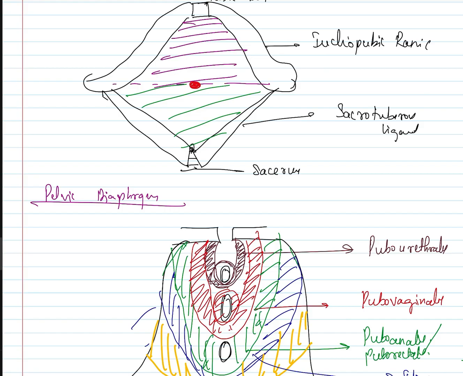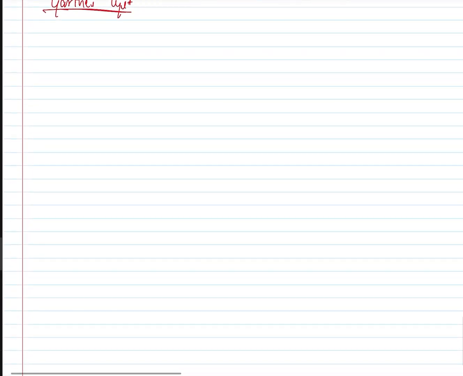This perineal body has attachment of certain muscles which supports your rectum or anus, and also prevents prolapse. So what are the muscles attached to your perineal body? There are superficial muscles and deep muscles.